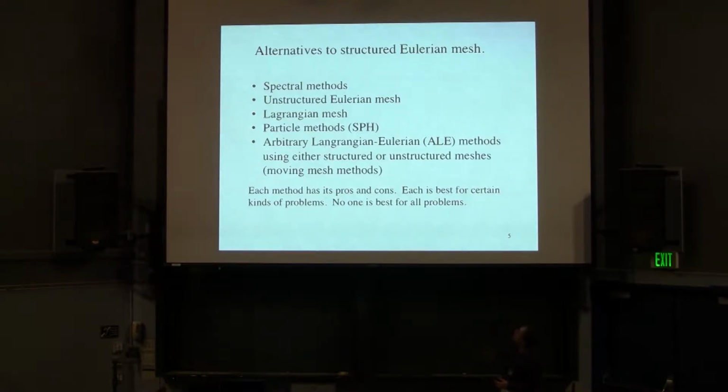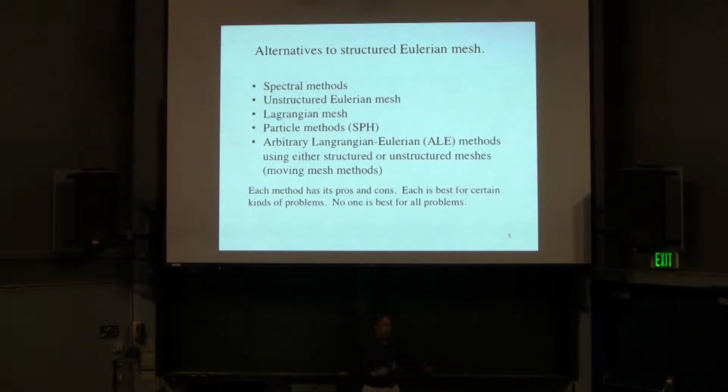You could use an unstructured Eulerian mesh. So what do I mean by that? As I just mentioned, Athena uses a regular grid in 2 dimensions of cells. An unstructured mesh is just what the word means: a collection of cells which have no regular pattern, no necessarily regular shape.